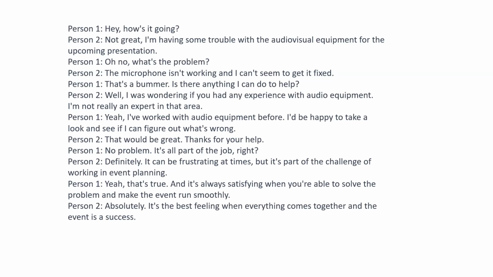It can be frustrating at times, but it's part of the challenge of working in event planning. Yeah, that's true. And it's always satisfying when you're able to solve the problem and make the event run smoothly. Absolutely. It's the best feeling when everything comes together and the event is a success. Okay, pretty cool. Thank you.